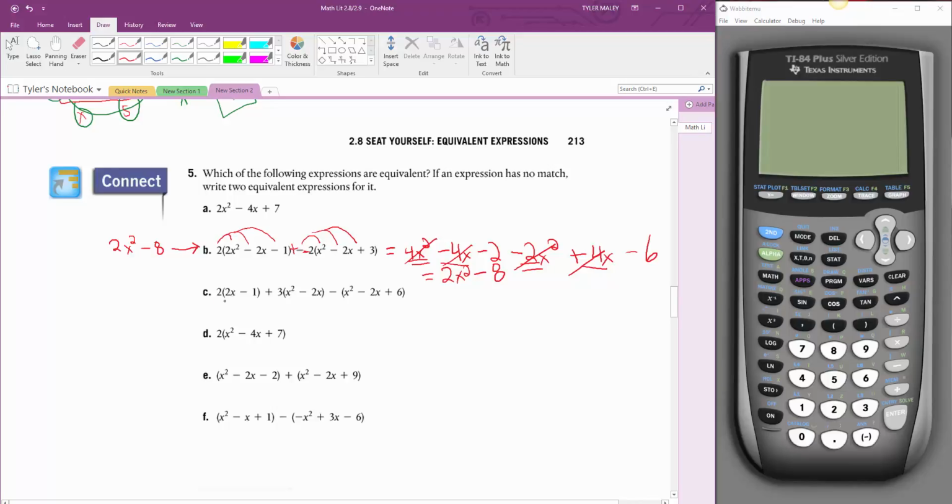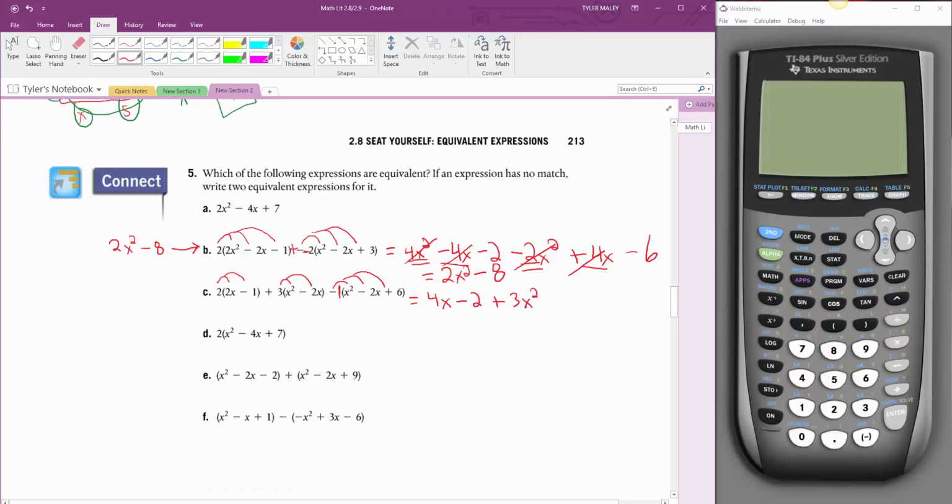So in part C, we have something similar going on, where I need to distribute and then combine like terms. In fact, that's kind of the gist for almost all of these. So we'll distribute the 2 through, the 3 through, and then this negative sign through. We can think of this as a negative 1 in front. So this will give me 4x minus 2 plus, 3 times x squared is 3x squared.